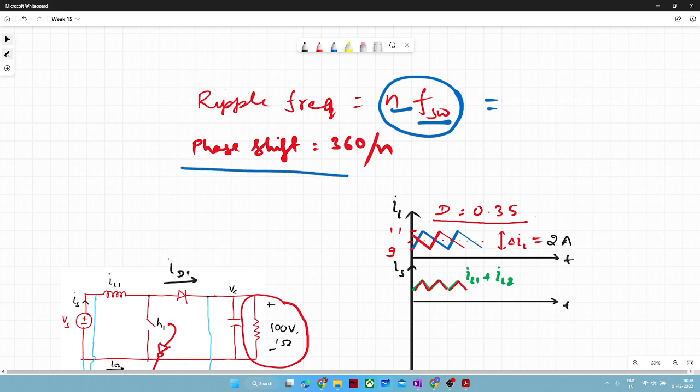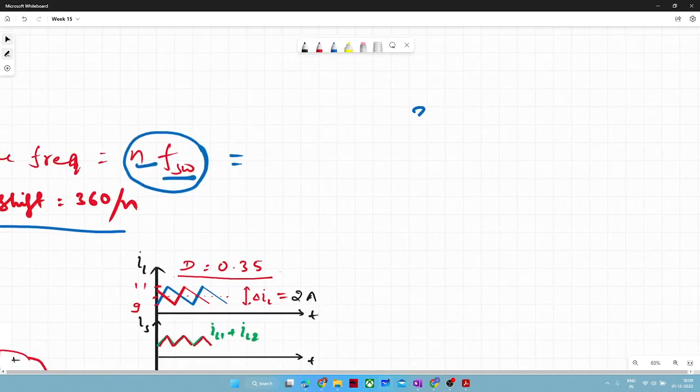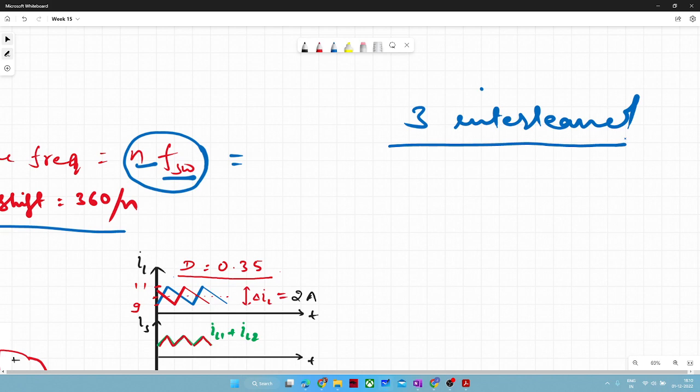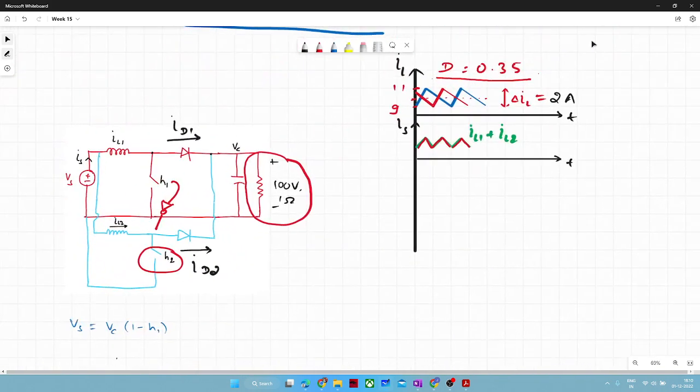And the phase shift: let us suppose you have three interleaved converters, then how much phase shift will be given to individual converters? Here two converters were connected in interleaved connection, so the phase shift was 360 by 2, 180.